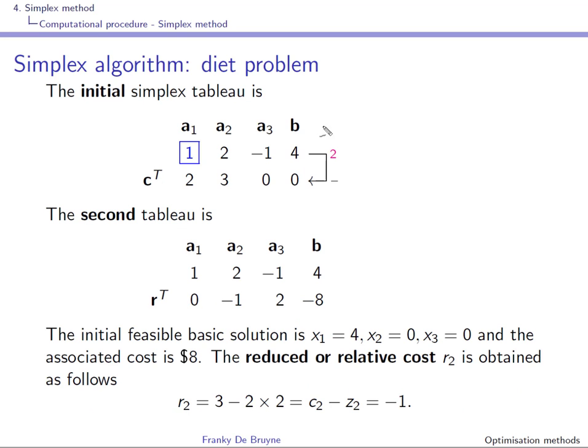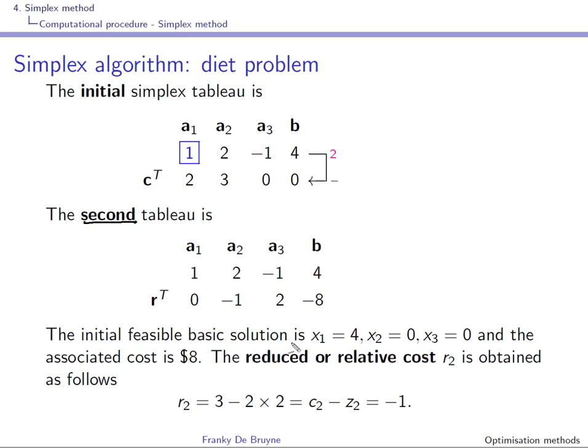So as said before, we bring the tableau in its canonical form by having zeros below and above the pivots. Do not forget this when you do exercises. So this is a trivial row operation. It's the second row minus 2 times the first row, and you then end up with the second tableau, and this tableau is in canonical form.